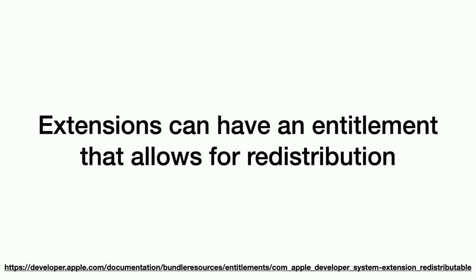So extensions can have an entitlement. One other complicating factor, you see this mostly in SDKs, if you're bringing in an actual SDK like Auth0 as an example. Extensions can have an entitlement that allows them to be redistributed within someone else's software. So as an example, if you go to your MDM and you go to add a team ID and a bundle ID, and then you have to add one from a whole other company who you've never heard of, this is why that can happen.